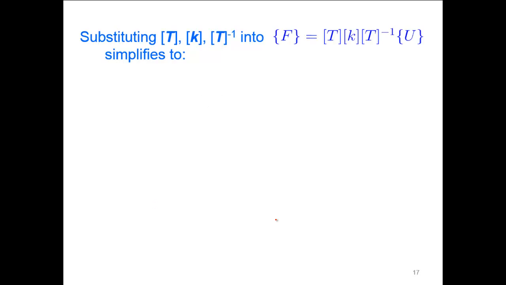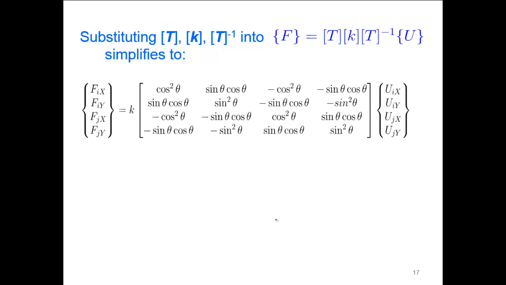All right, so we're going to substitute the transformation matrix, the local stiffness matrix, and the inverse of the transformation matrix all into our equation we just came up with, and it simplifies to this. All right, so we got all our global forces over here. Again, this is just I and J, so this is just for one member. And then over here we have our global displacements at the nodes on either side of our member.